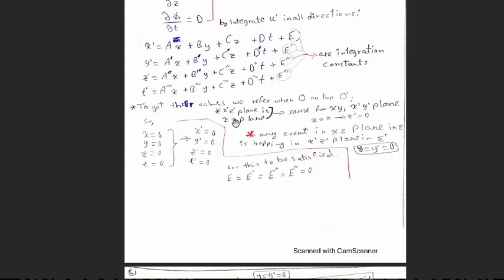So we got that y equals y dash equals 0, and for xy and x dash y dash, z equals 0 and z dash equals 0. So any event in the xz plane is happening in the x dash z dash plane in frame sigma dash.